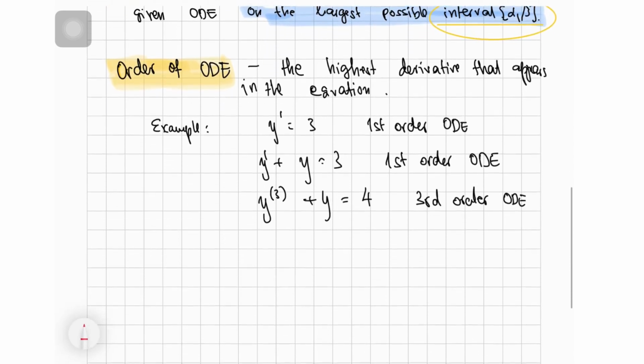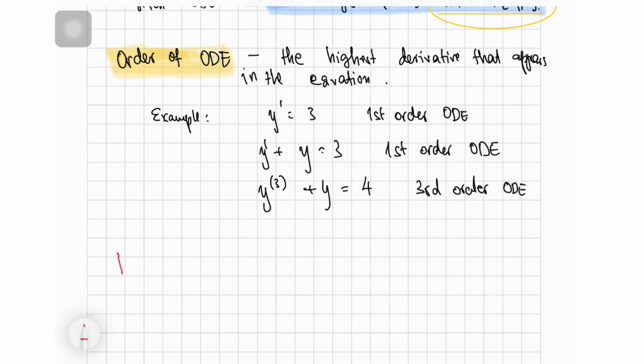Next concept is the concept of initial conditions.